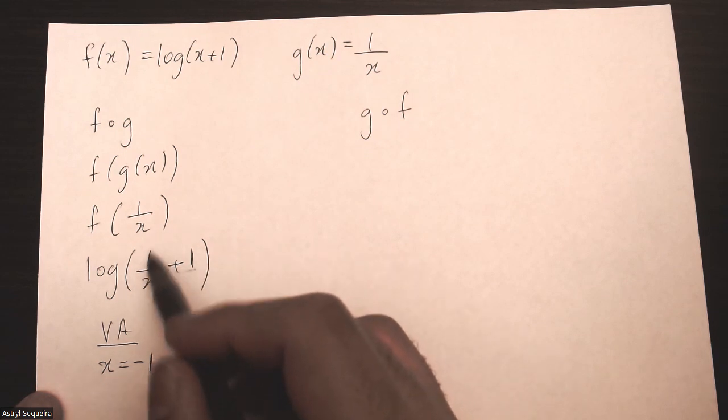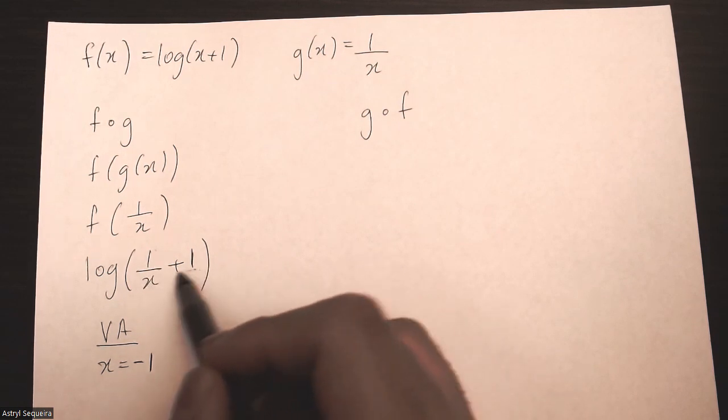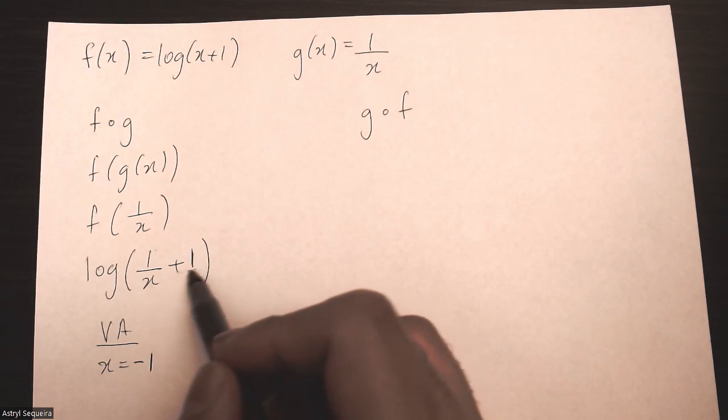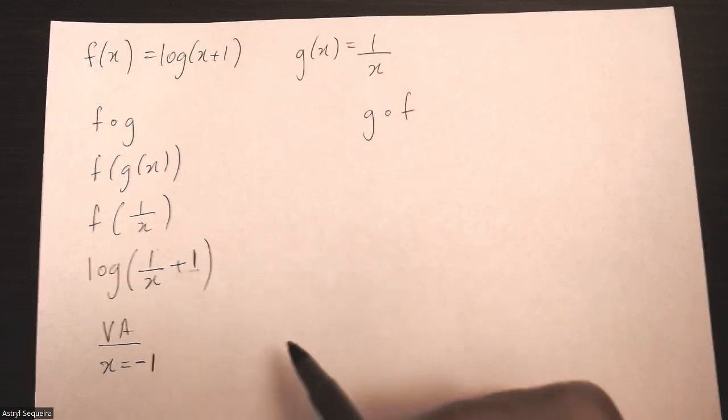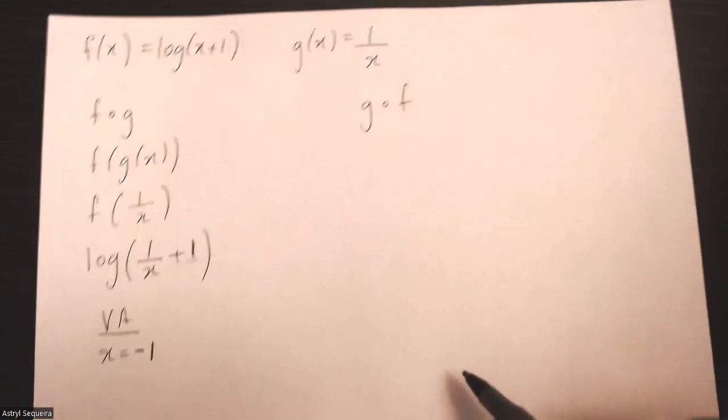It doesn't matter what type of function there is here, whether it's x squared or 1 over x squared or things like that. We're always going to have a vertical asymptote at x equals -1 because of this value over here. And that's because this is just overall a log function.